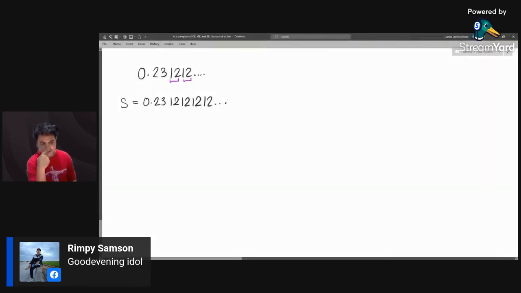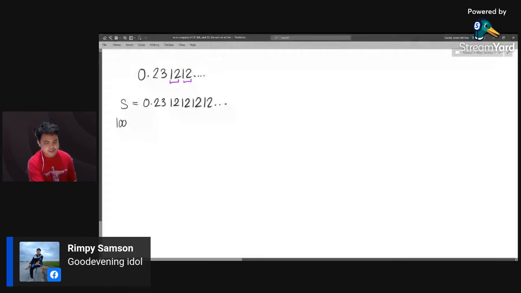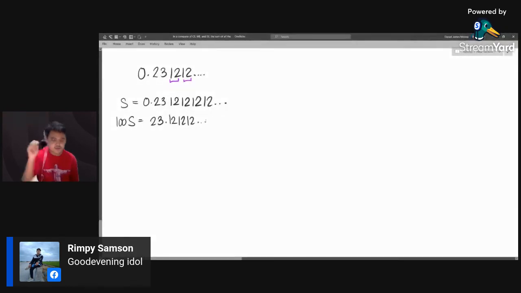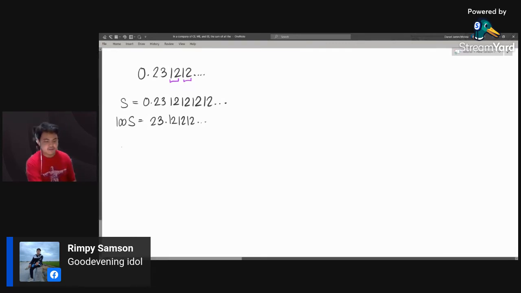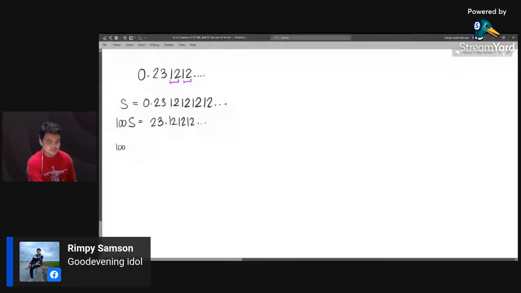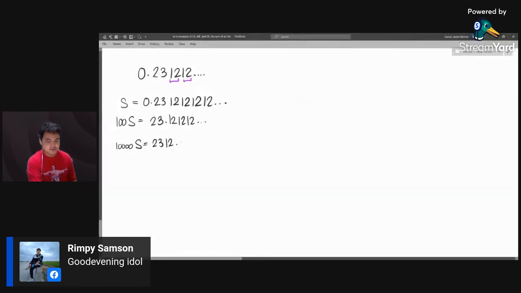And then, multiply lang natin by 100 para maging 23.1212. Tapos, multiply ulit natin ng 100 para maging 10,000S, which is 2312.1212.